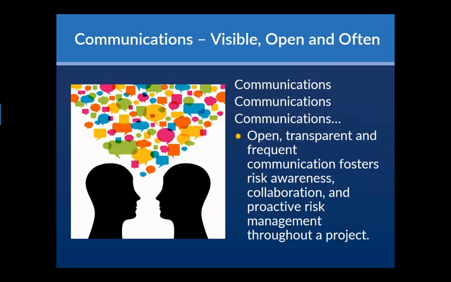The first one, communications. I cannot say enough. You need to call risk a risk. You need to go to your stakeholders, talk to them about risk, be open, transparent. You need to have visible, open communication, and often, not have a whole onslaught of things in planning, then they don't hear from you until something's gone wrong.